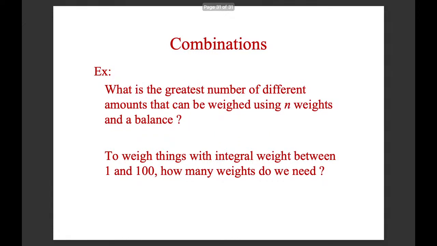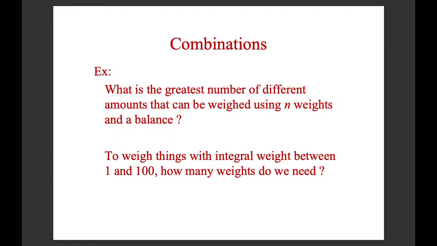And then an associated question is, suppose that on the balance we can put the weight on either the left hand side or the right hand side. For instance, we may design 2 weights of 1 unit and 3 units. Based on them, I can measure 1 just by using the 1 unit piece.